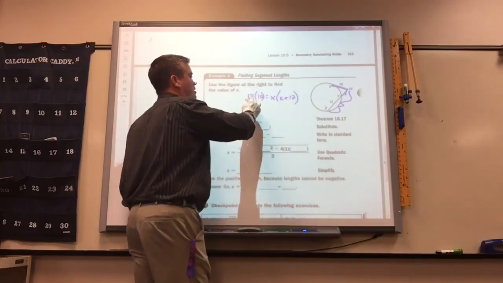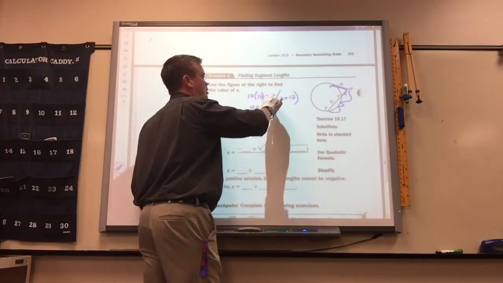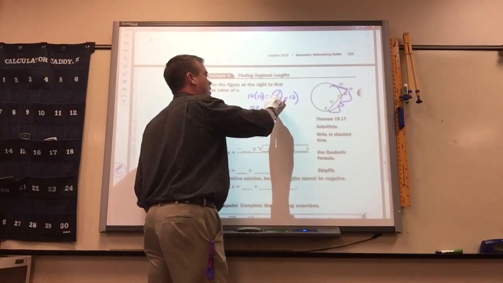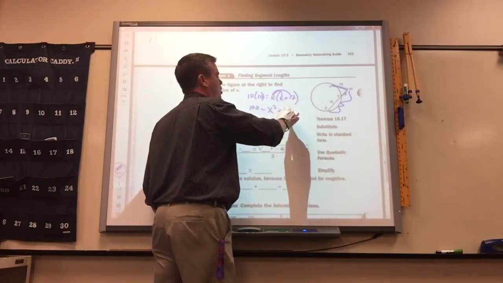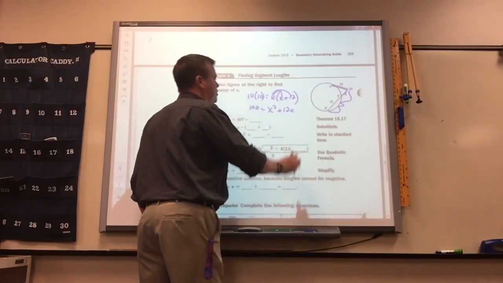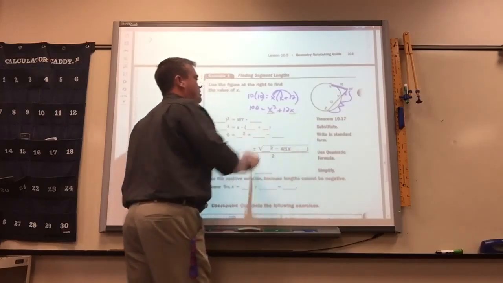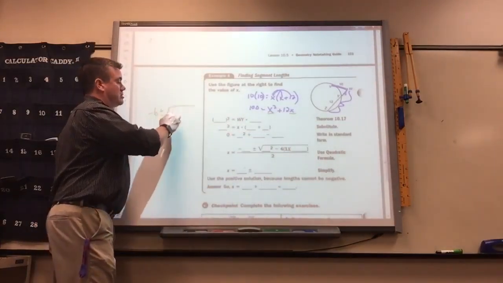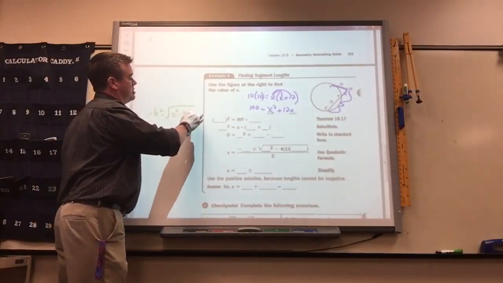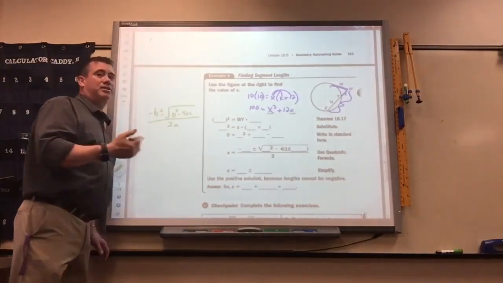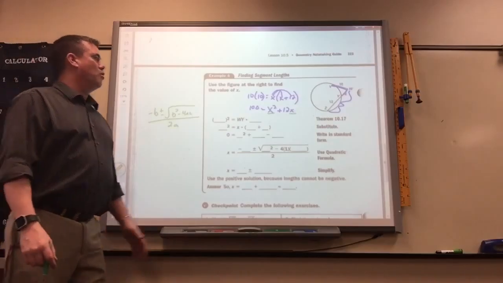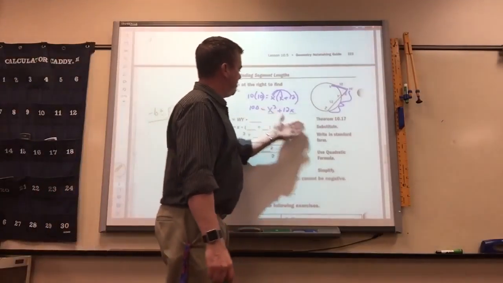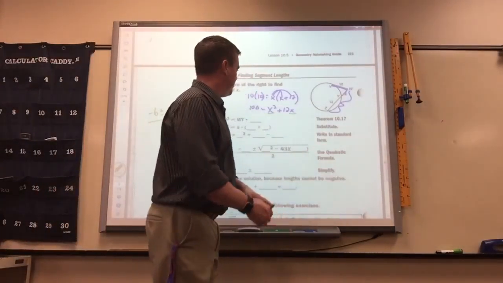So when you write this one out, it's 100 equals x times x is x squared, x times 12 is 12x. Anytime you have an x and an x squared, you got to use negative b plus or minus the square root of b squared minus 4ac all over 2a to figure out the answer. So we're not going to solve any of those that we have to use the quadratic on.